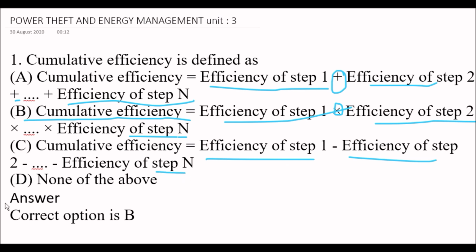Option D is none of the above. Okay. Right answer here is option B. Cumulative efficiency is equal to efficiency of step 1 multiplied by efficiency of step 2, and so on, up to efficiency of step n. Okay, I hope that cleared it.